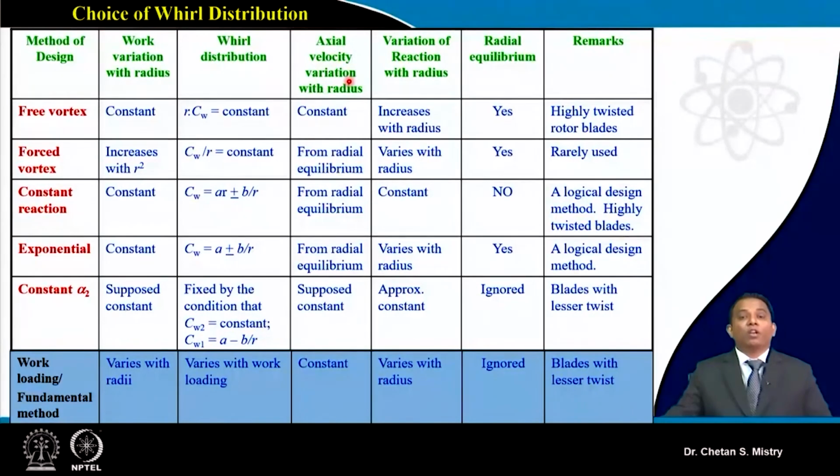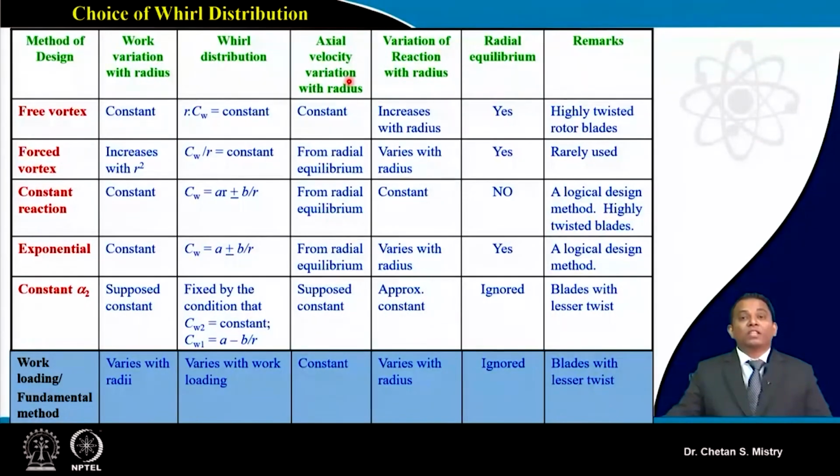If you recall the radial equilibrium requirement, we need constant work input all the way from hub to shroud, axial velocity to be constant, and Cw into R equal to constant. If we satisfy these three requirements, then radial equilibrium is satisfied.